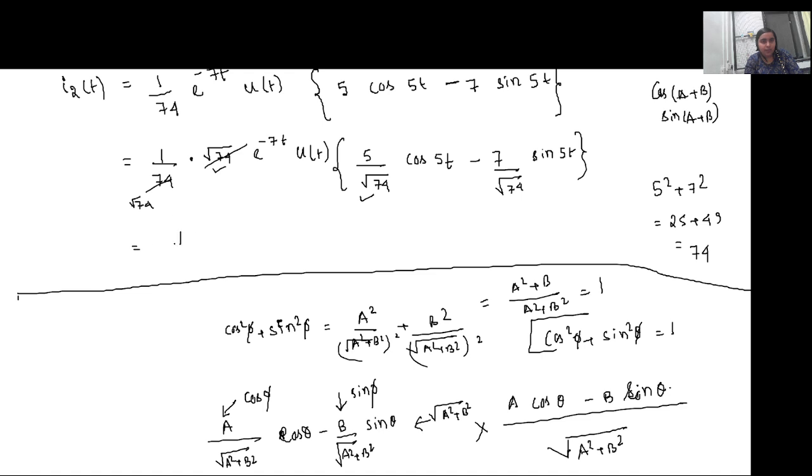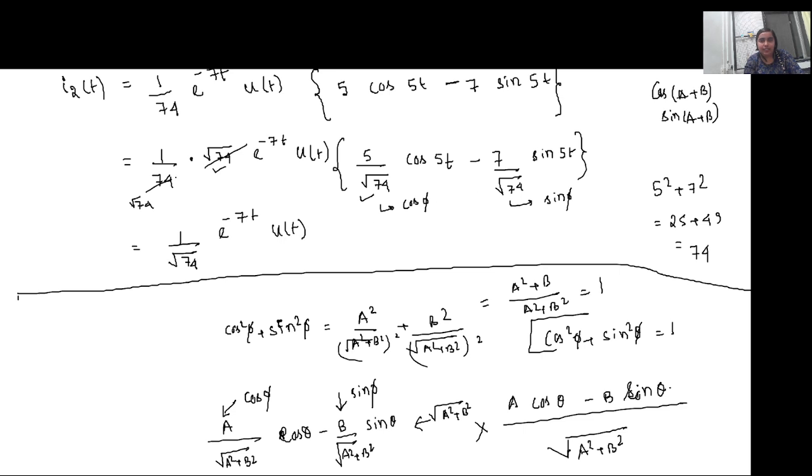So there will be this 1 by square root of 74 that is outside, e to the power minus 7t u of t. Now consider this to be cos phi and this to be sin phi. When you calculate cos square phi plus sin square phi, it will be 1. So this is in the form of cos c into cos d minus sin c into sin d.